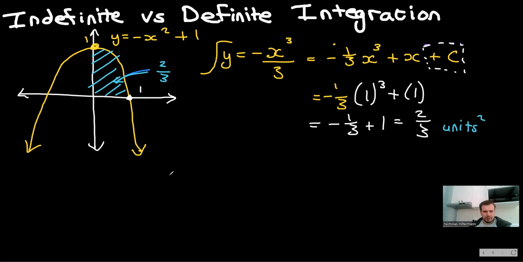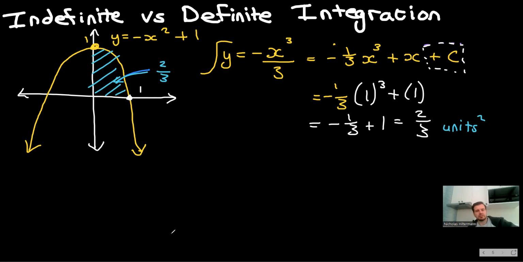Now what I'm going to do is look at what the definite integral is. What I've done here is kind of a definite integral by putting in 1, but not really, because it says 2/3 units, but this just assumes that I'm going from 0 to 1, and I haven't actually said that.